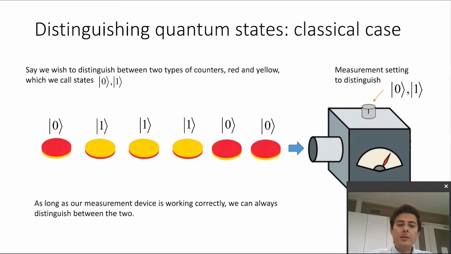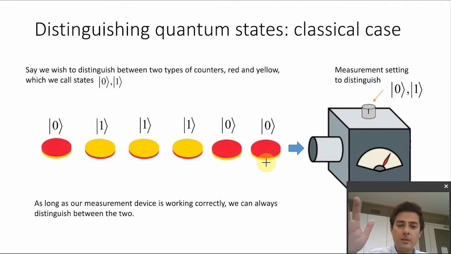For example, if I had a series of counters, like checkers, where one side is red and one side is yellow, and somebody is giving me a stream of these counters, classically I take it for granted that I will be able to tell that it's red or yellow, unless somebody's blocking me from seeing the counters.